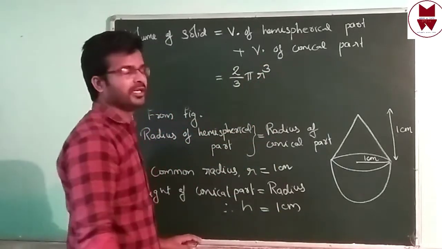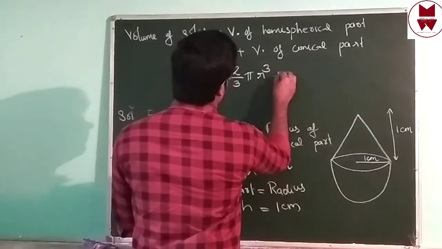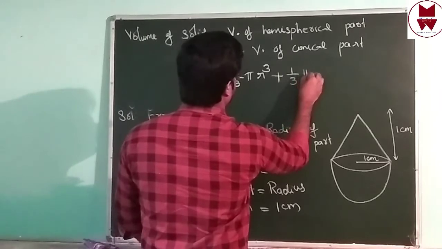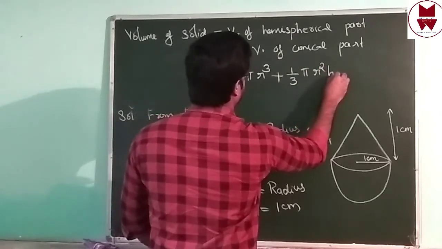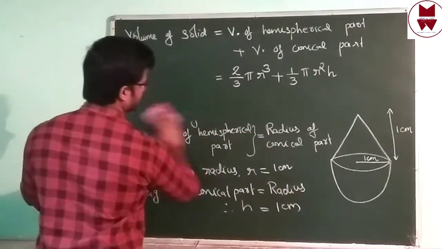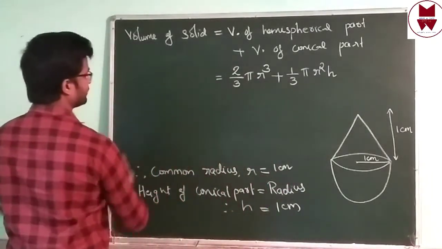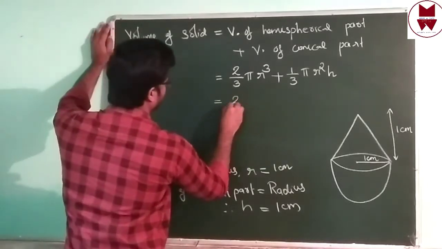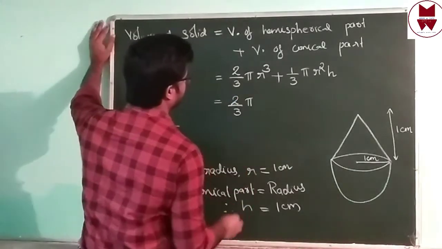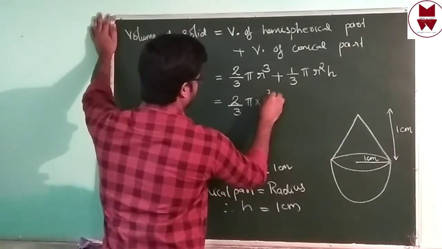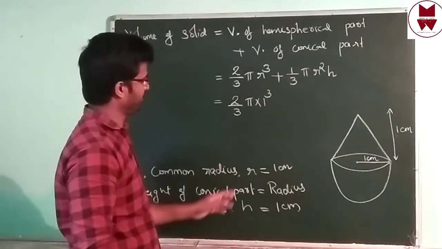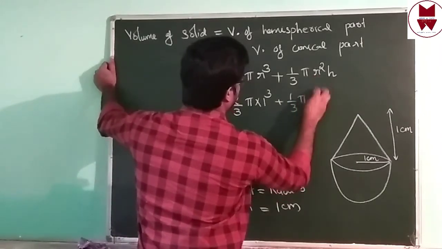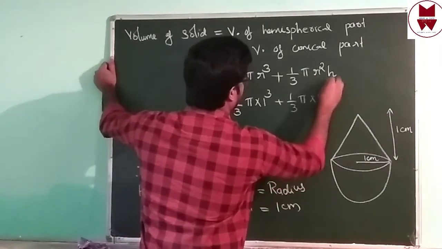Volume of hemisphere is 2 by 3 pi r cube plus volume of cone, that is 1 by 3 pi r square h. 2 by 3 pi, r means 1 centimeter, 1 cube, plus 1 by 3 pi r square, r means 1 square, height h also 1.